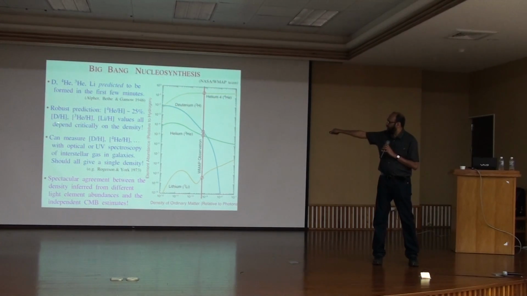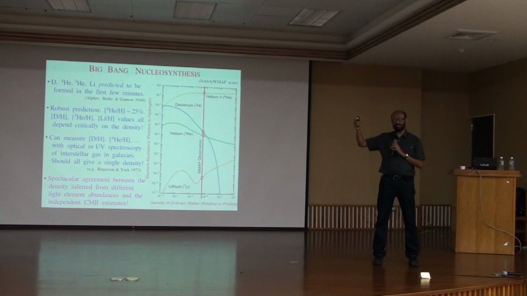And all of these should give me the same density, right? Because they all are happening at the same time. The density of the universe is the same when all of these are happening. So each of these measurements will give me a separate value of the density. And all the densities must agree. Otherwise, the Big Bang is wrong.